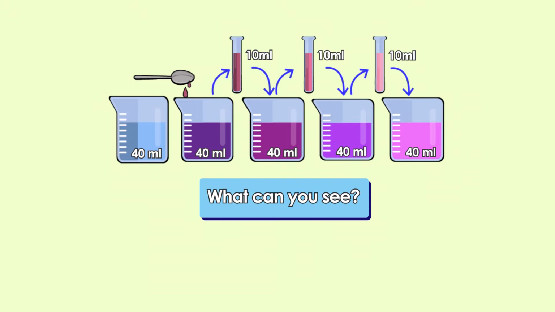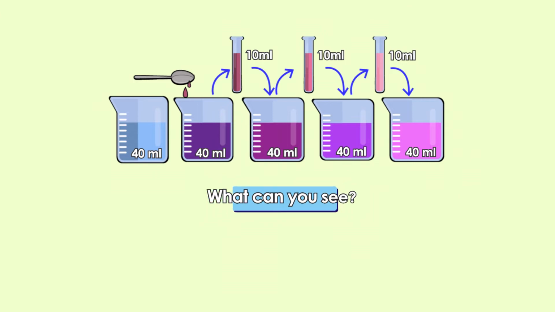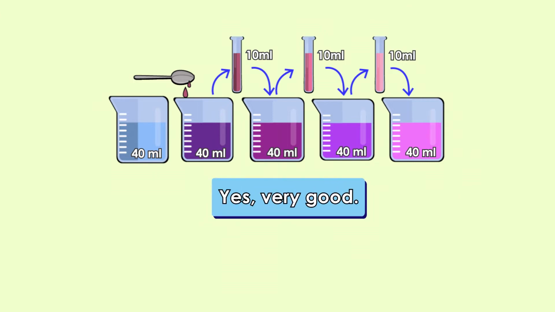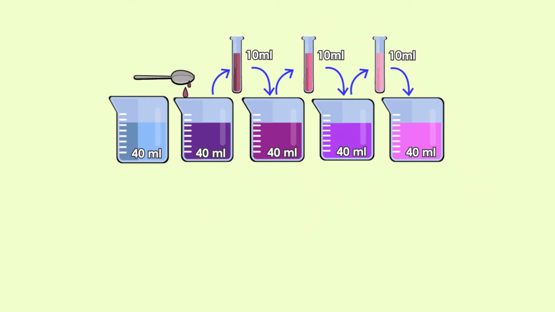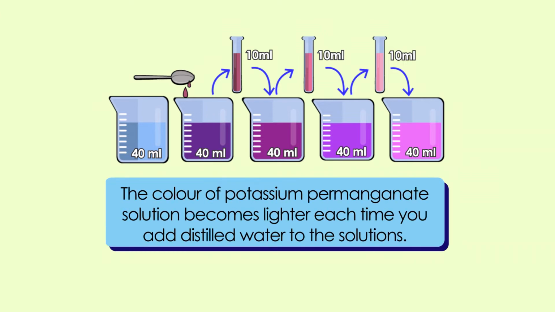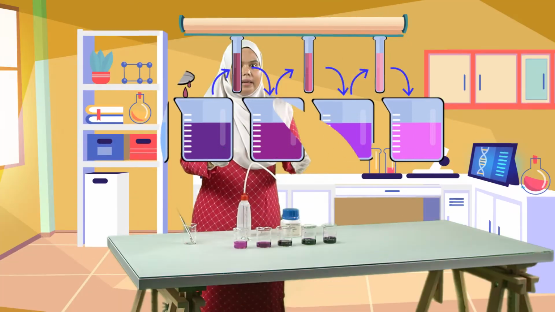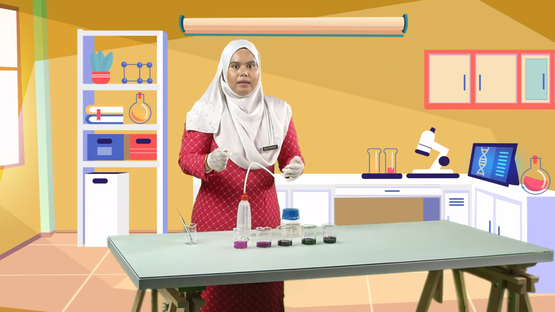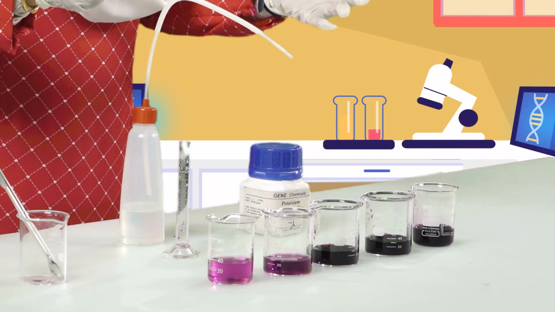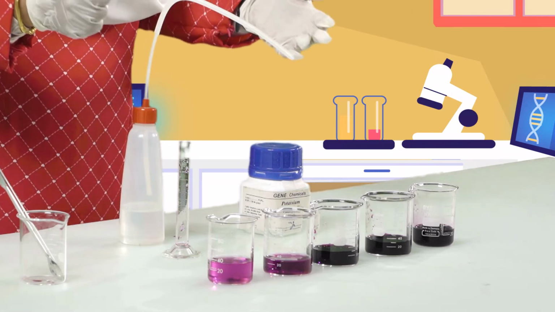What can you see? Yes, very good. The color of potassium permanganate solution becomes lighter each time you add distilled water to the solutions. It means that the solution becomes more diluted when water is added.